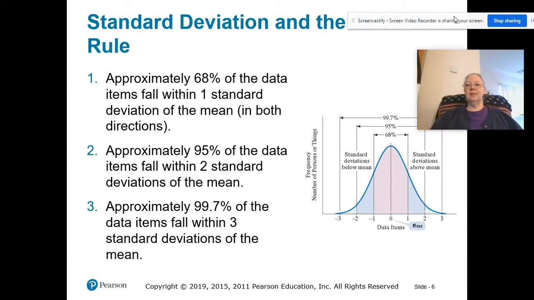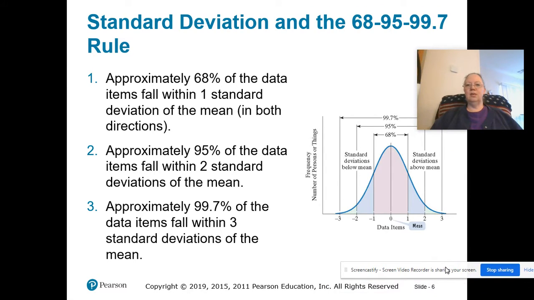Okay, this is called the 68, 95, 99.7 rule. It has to do with the percentage of items within a certain number of standard deviations away from the mean.